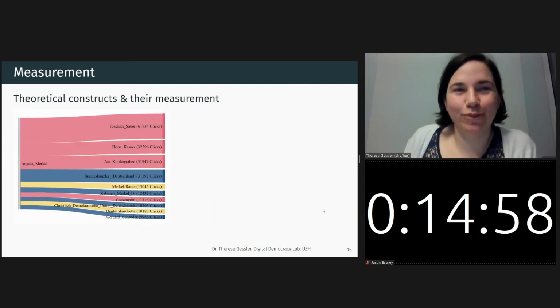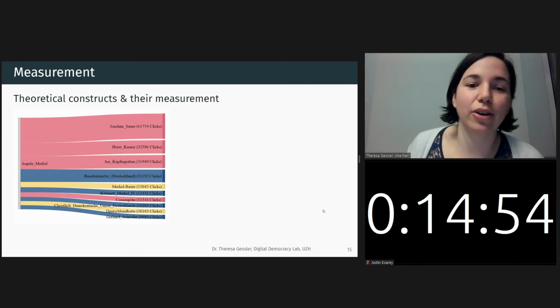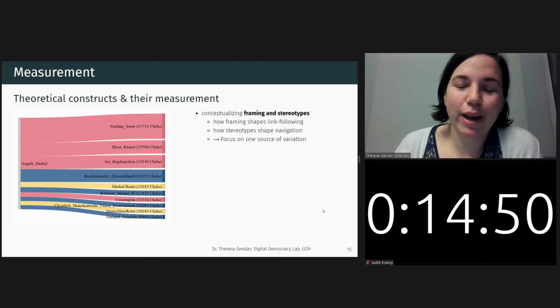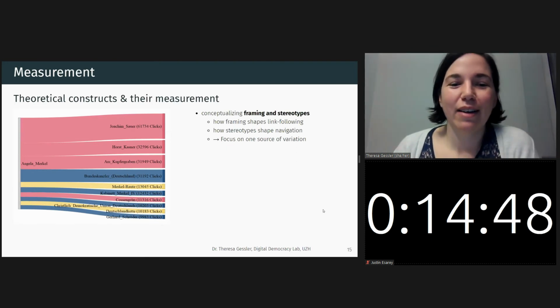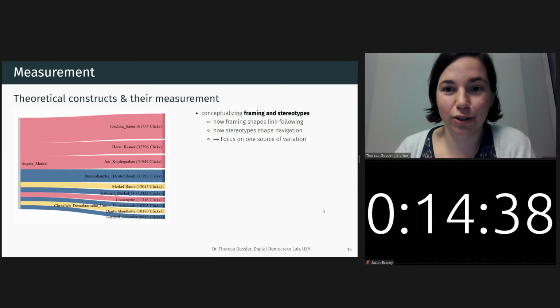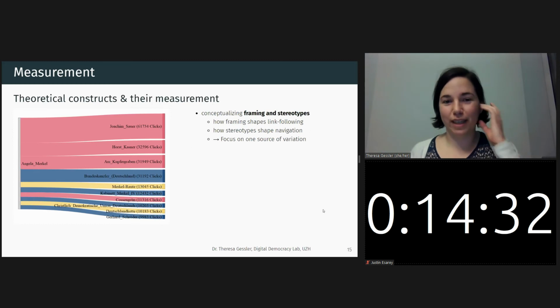The third type of concept I want to talk about is framing and stereotypes. When people visit Wikipedia, their behavior is shaped by different factors. On the one hand, by framing, so how the Wikipedia page itself frames a certain topic, but also by stereotypes, the preconceptions that they themselves bring to Wikipedia.